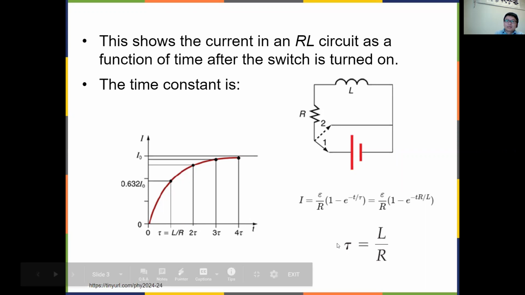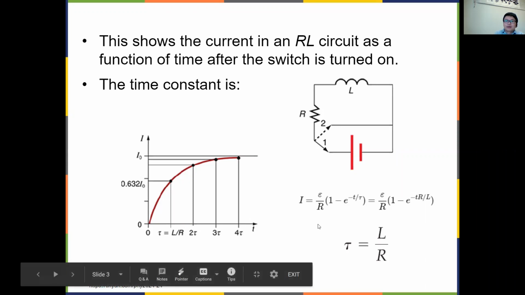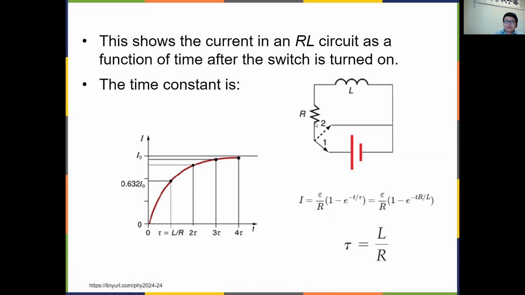Now, if you have energy stored in the inductor, you can flip the switch to number 2. Then the energy stored here can be withdrawn to power the resistor. This is the inductor, and this is the resistor.